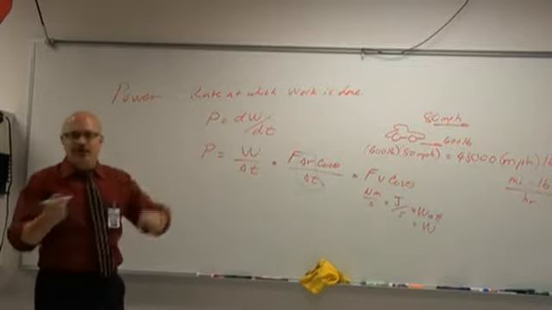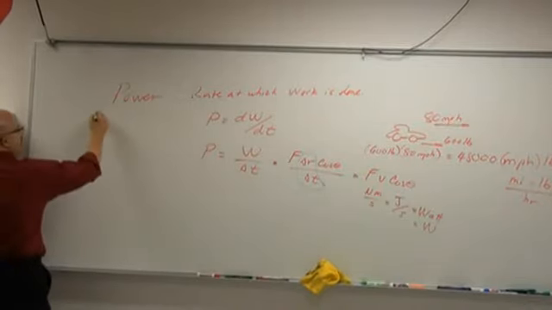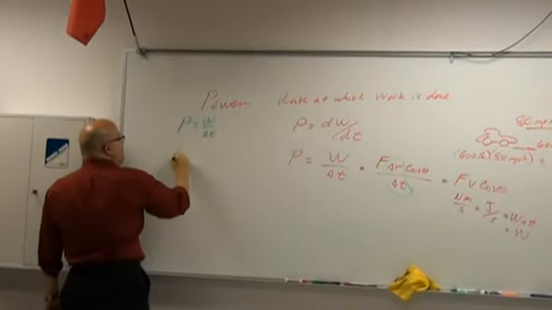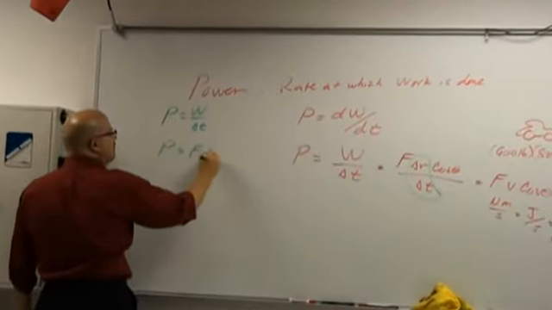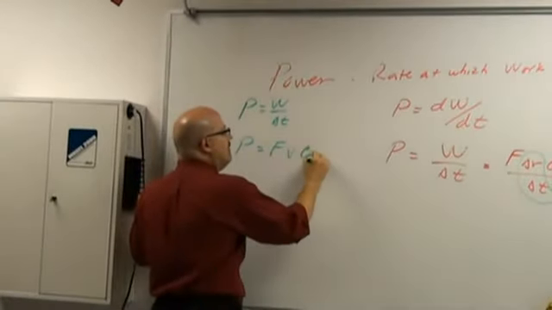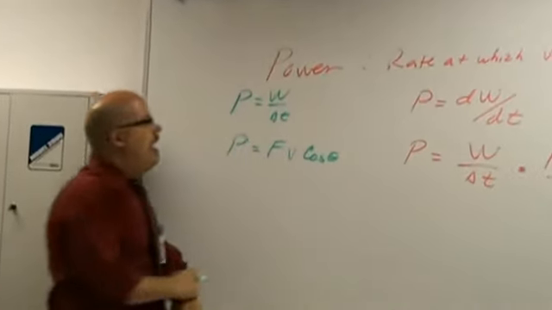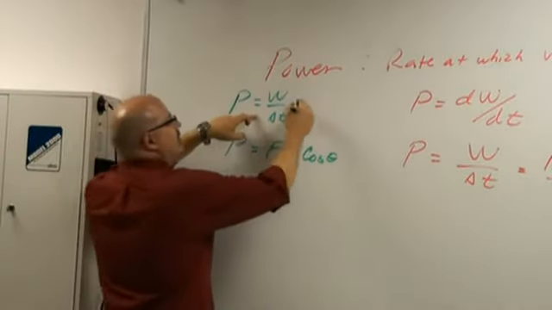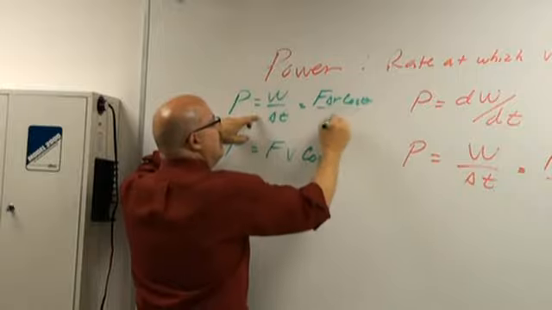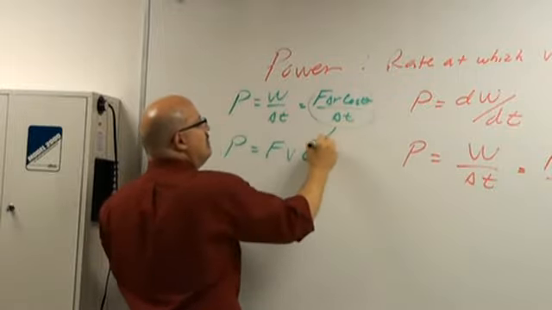So now we have two equations for power so far. Here's equation number 1. Power equals work over time. Equation number 2 is force times velocity, which technically has a cosine theta. You can actually rewrite this one as F delta R cosine theta over delta T, but that's really the same as this one.